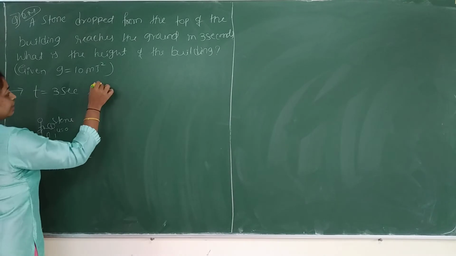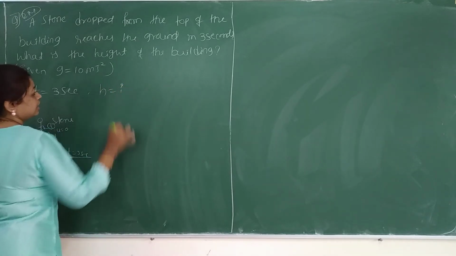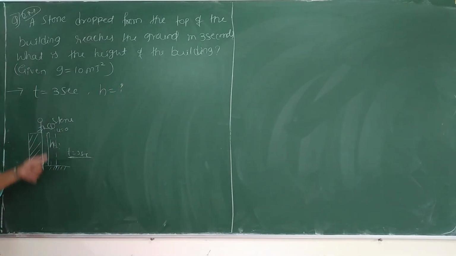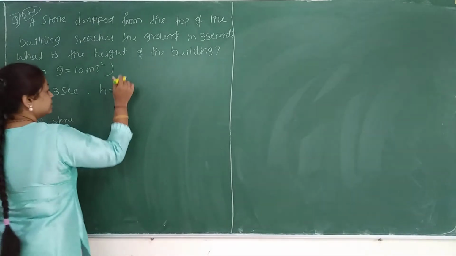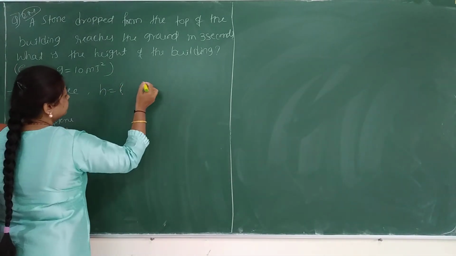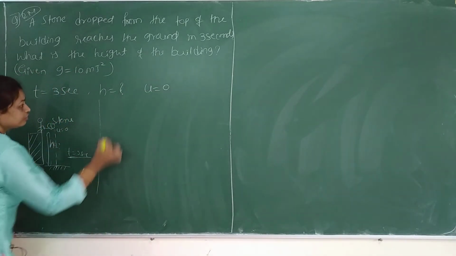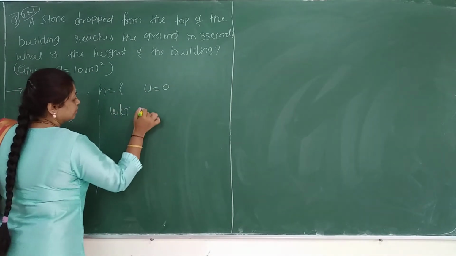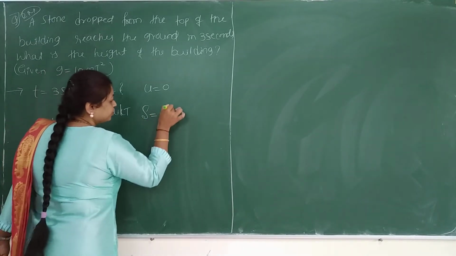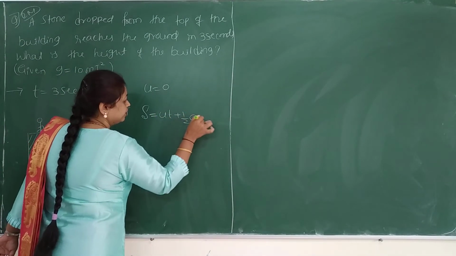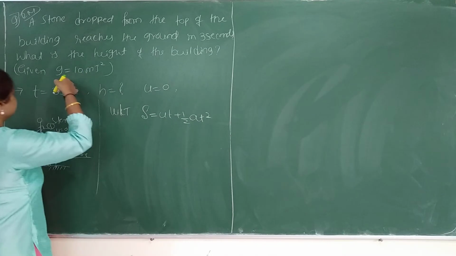So you can apply the formula, that is s equals to ut plus half at square. They are asking for distance, so write h equals to question mark, and initial velocity will be 0. We know the formula s equals to ut plus half at square. And one more thing, g value is given.